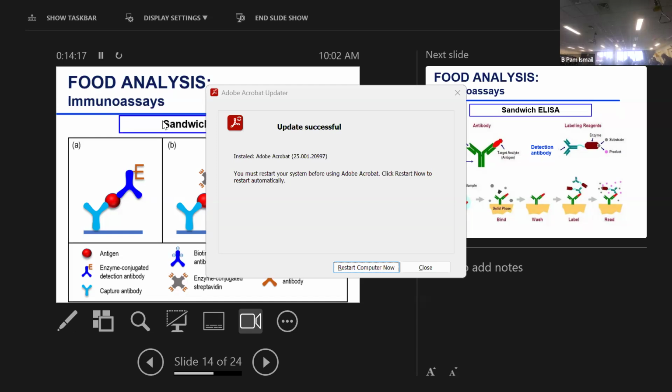In this C, this is an indirect sandwich ELISA, where this is the primary and this is the secondary labeled antibody, also with a lot of enzymes coupled. So very high sensitivity.